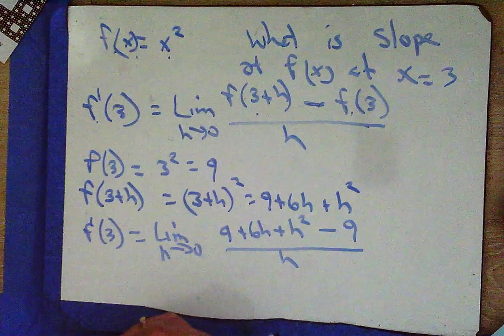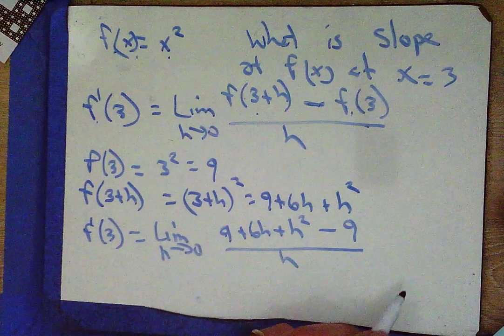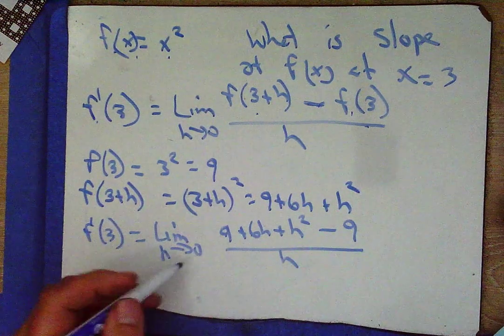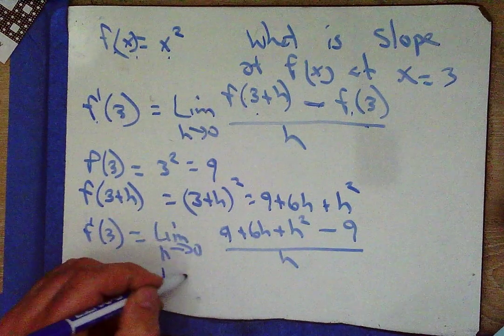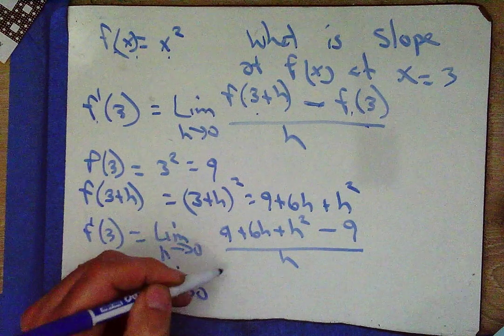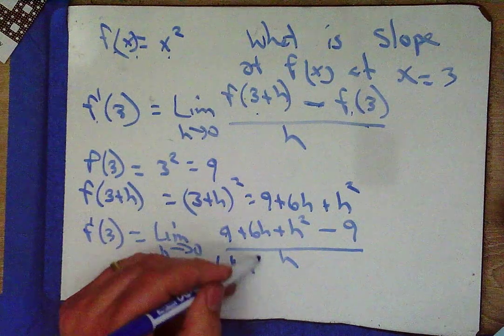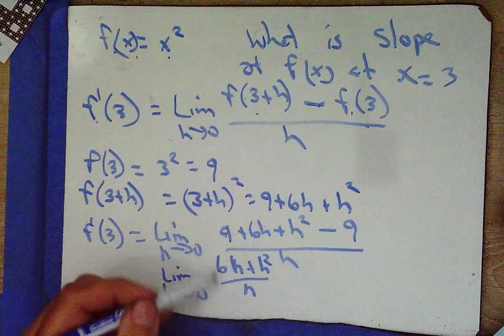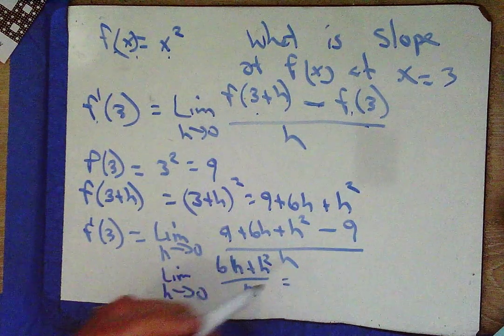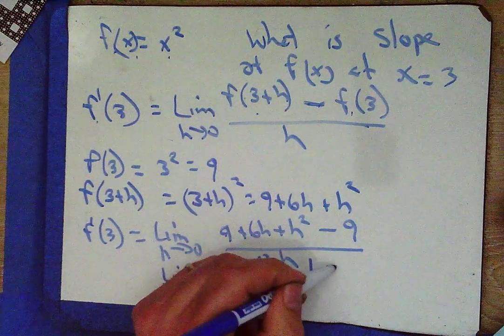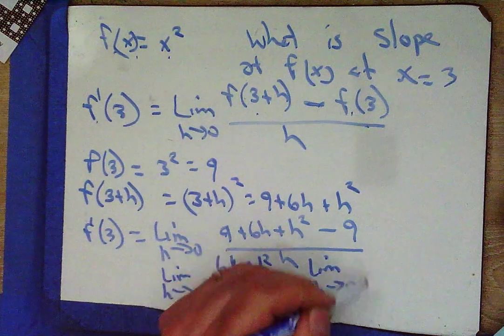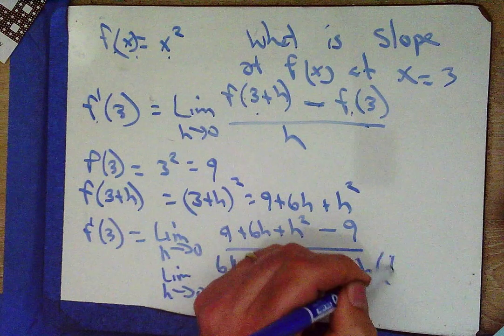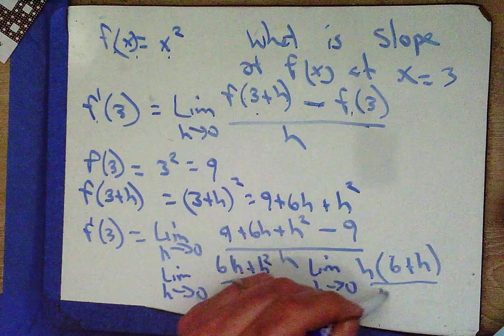So what happens? Well, 9 minus 9, those cancel out. And then I've got the limit as h heads to 0 of 6h plus h squared over h. But if I do direct substitution here, I still get 0 over 0. So let's take it a little further. Let's say the limit as h heads to 0 of h times 6 plus h over h.